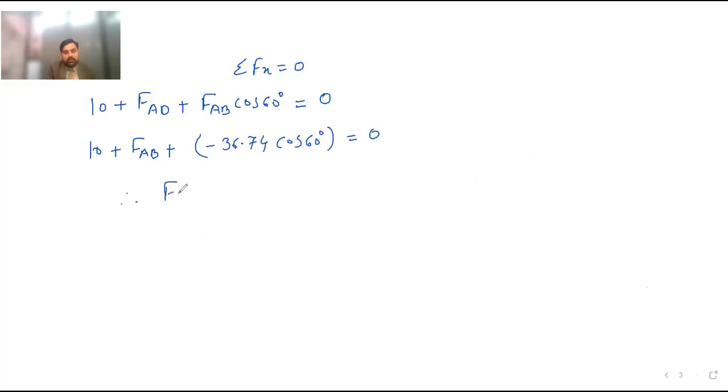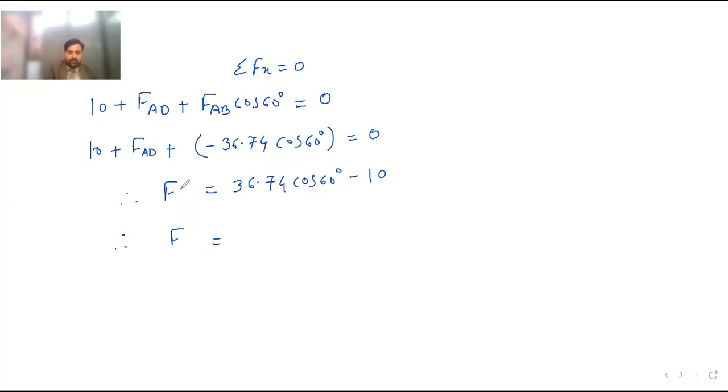Therefore, FAD is equal to 36.74 cos of 60 minus 10. Okay. So therefore, FAD is equal to minus 8.37. Okay.